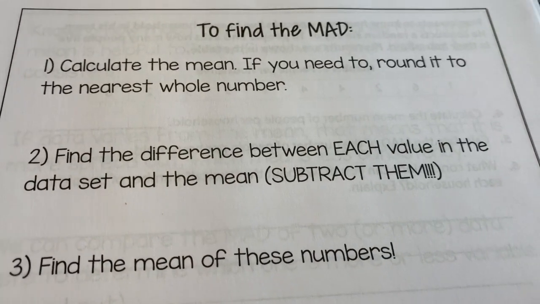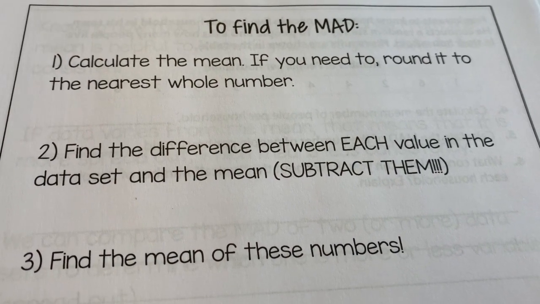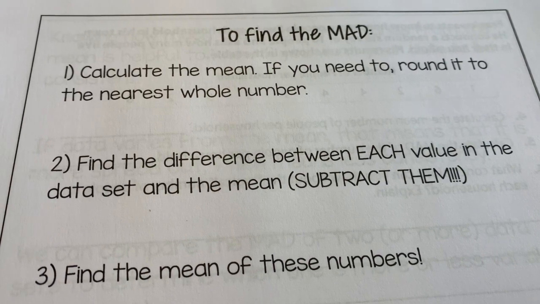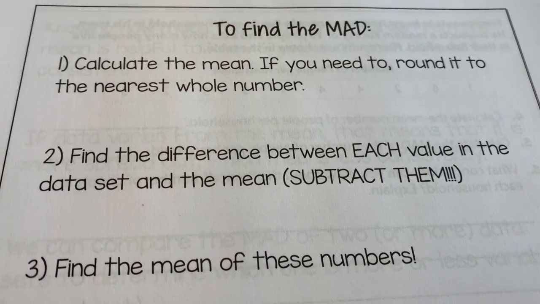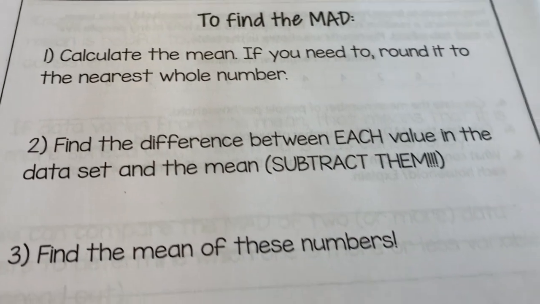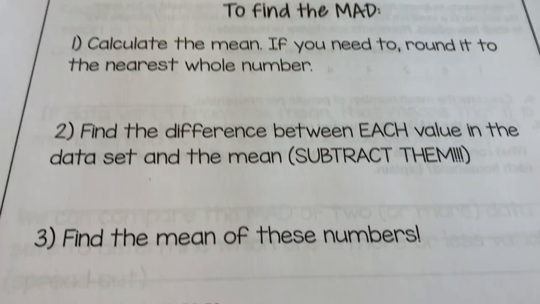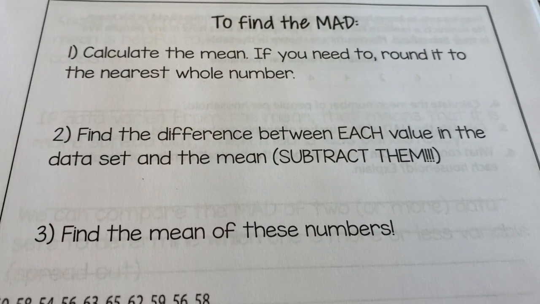Here are the steps to find the mean absolute deviation. The first thing you have to do is find the mean. So the regular mean of the numbers, in other words, the average, and if you get a decimal, you're going to round it to the nearest whole number. The next thing you have to do is find the difference between each value in the data set and the mean.